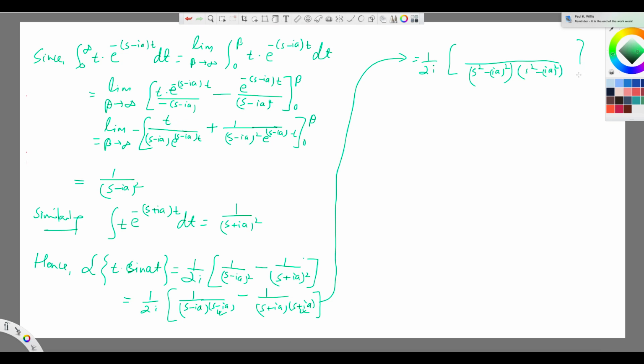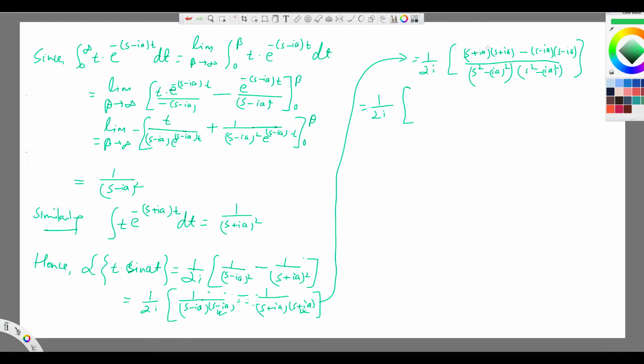Now on the top, you just do a cross multiplication. So you get (s plus ia) times (s plus ia), and then minus (s minus ia) times (s minus ia). Now you simplify further, 1 over 2i is there. So what do you get on the top? You just FOIL this.